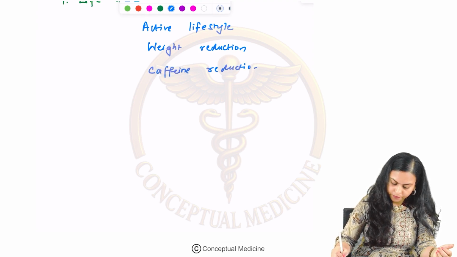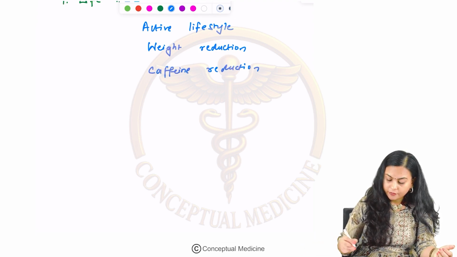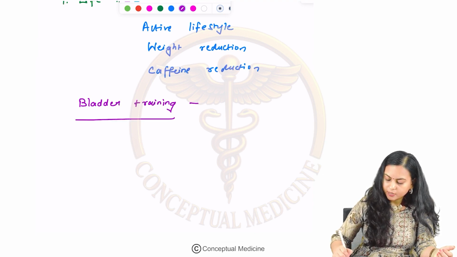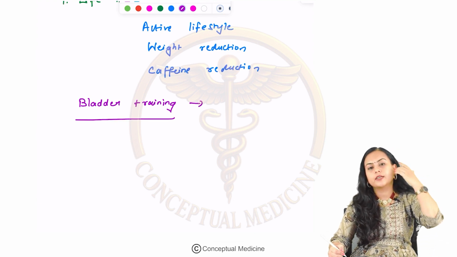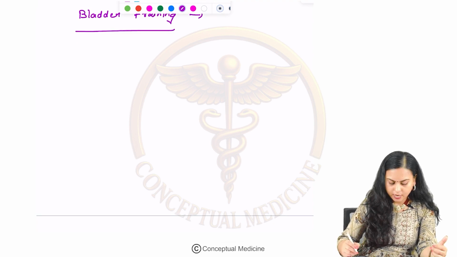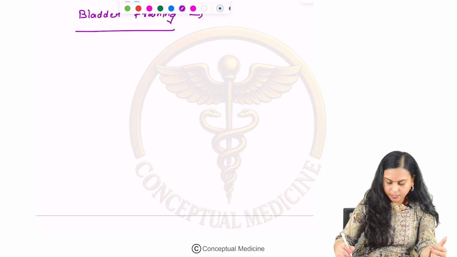You can also advise bladder training exercises where they will be asked to hold urine in the bladder for a longer period of time. This can be done using a voiding diary.